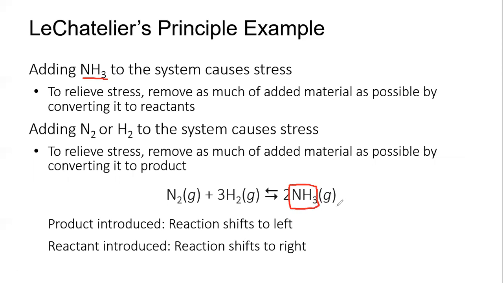So since we're increasing NH3, it's going to shift, as they say, to the left. It's going to make more reactant. Now if we add more, say N2, since N2 is a reactant, since we're adding more reactant, it's going to have to shift to make more product.